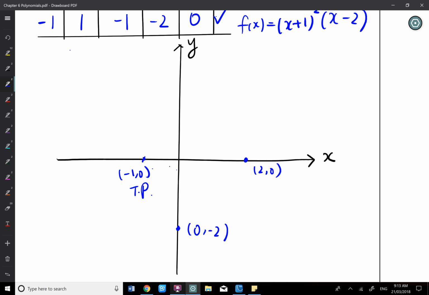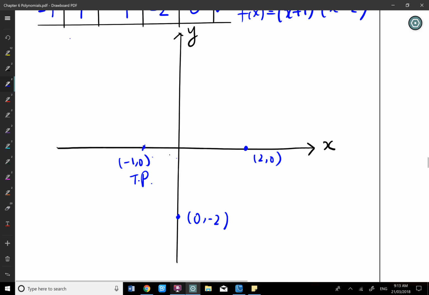Oh, this is an even number of times, yes, to become a turning point. Odd number of times, I'll show you later. That will become a stationary point of inflection, if it's repeated 3 times or 5 times or 7 times. So an even number of times becomes a turning point. An odd number of times becomes a stationary point of inflection. Repeated, so I will go through, positive leading term.